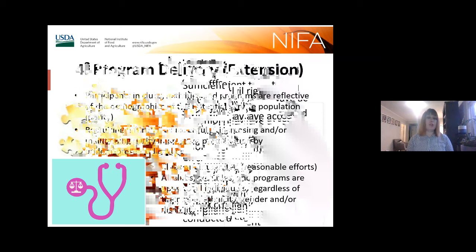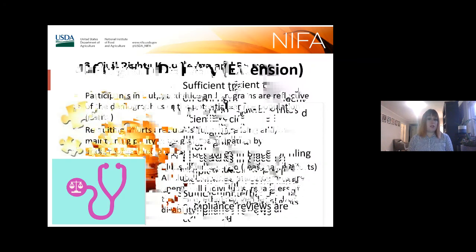Whether or not your recruiting efforts are successful in increasing and or maintaining parity in program participation by underrepresented groups. Again, if you're at parity, we want to see that you're working to maintain parity. We don't want to see any segregation in clubs.